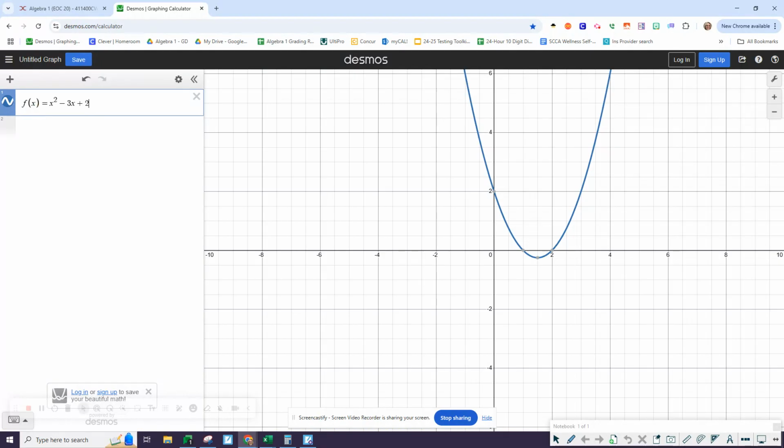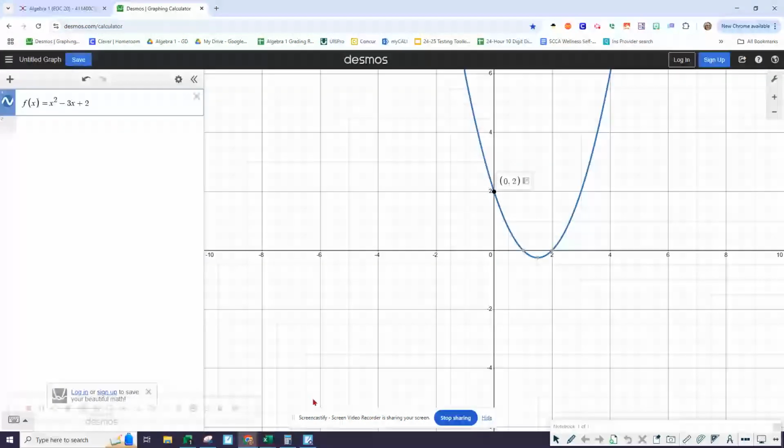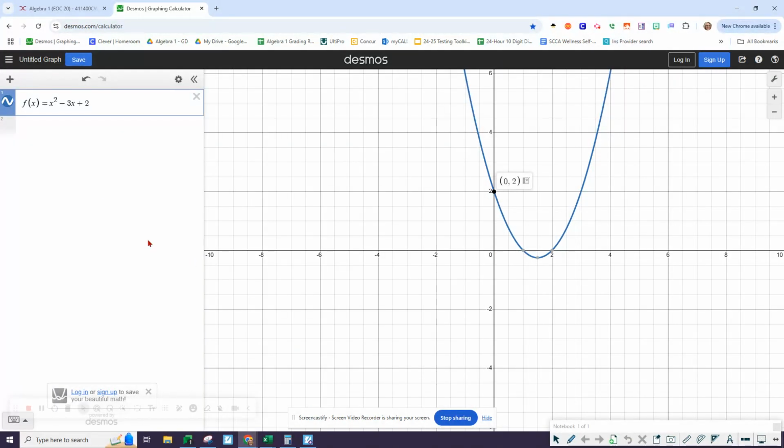You're asking what f of 0 is, so that means 0 is x. So when x is 0, it's actually your y-intercept, okay?